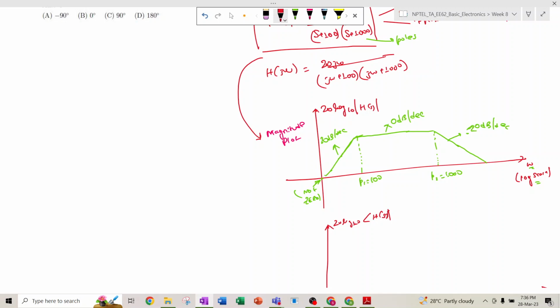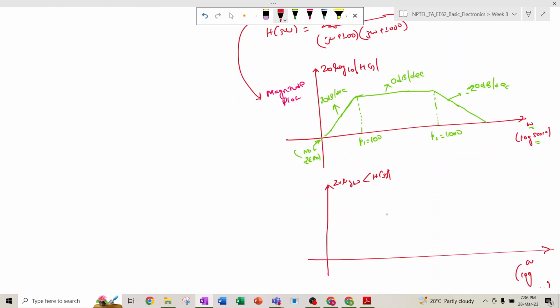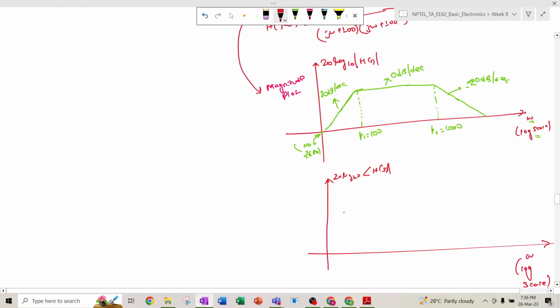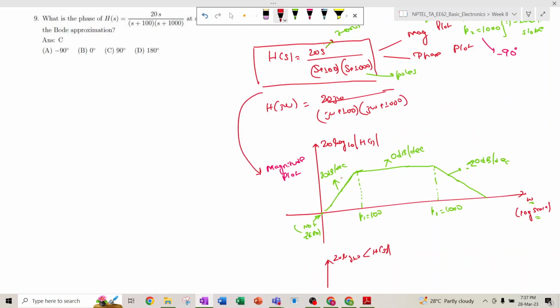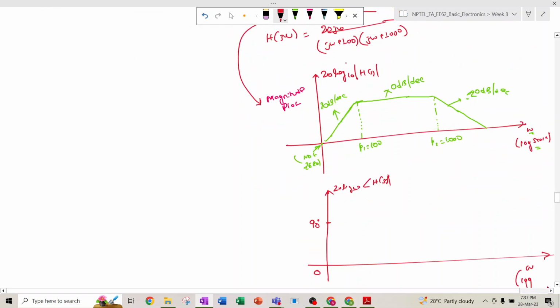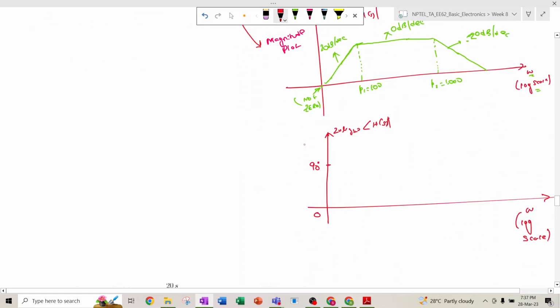At first it will be 90 degrees, because there is a zero, which contributes plus 90 degrees, and then due to the pole at 100 it contributes minus 90, so it turns to 0.